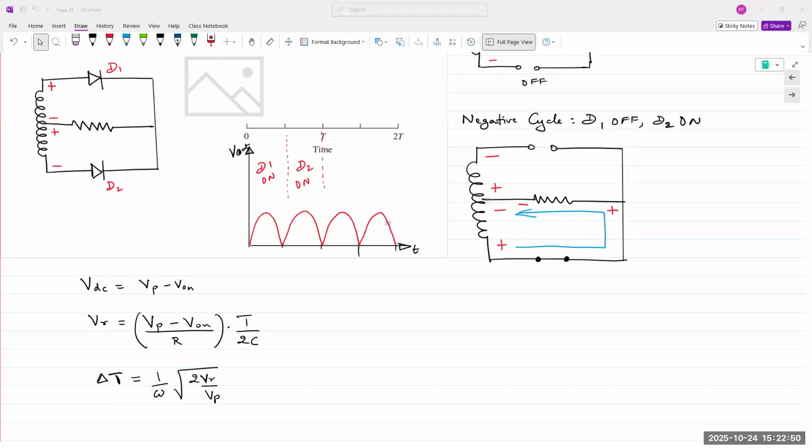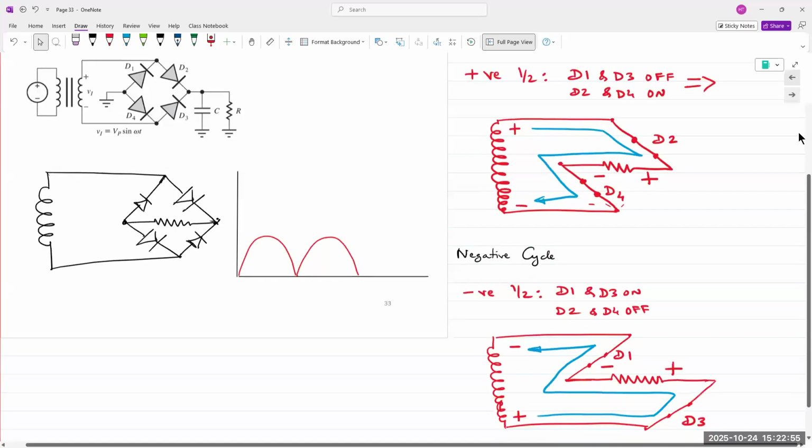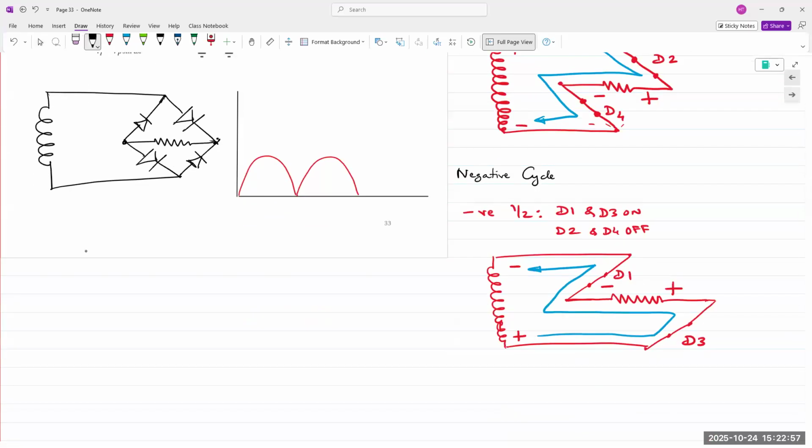So there are 2 diode voltage drops for each half cycle.